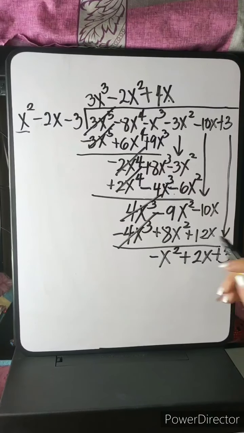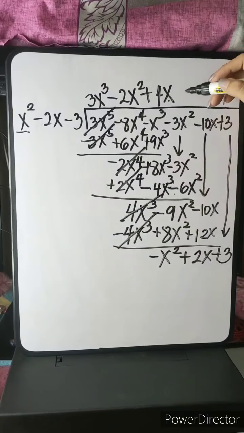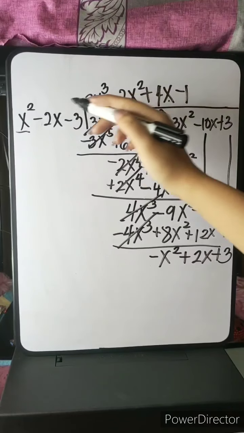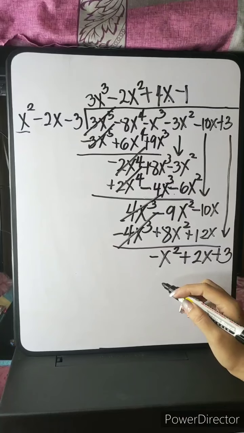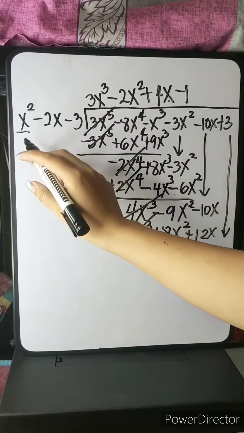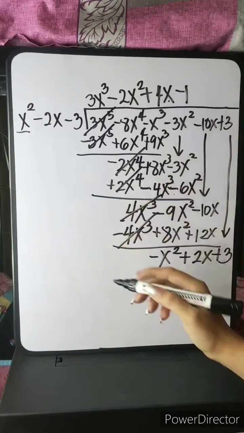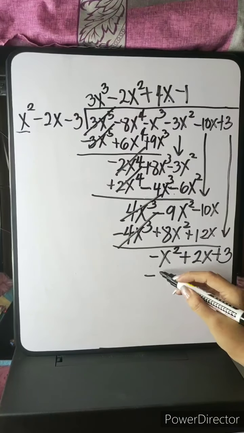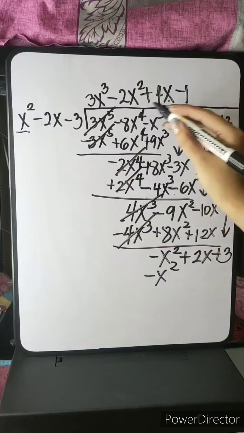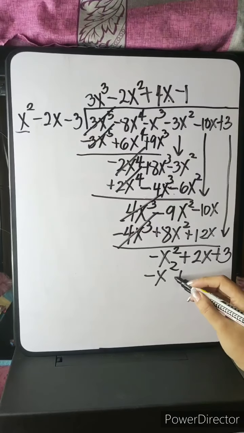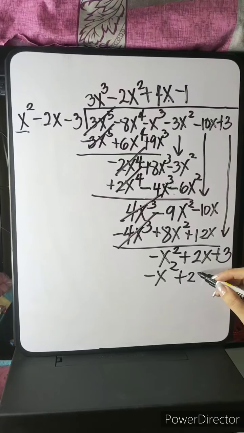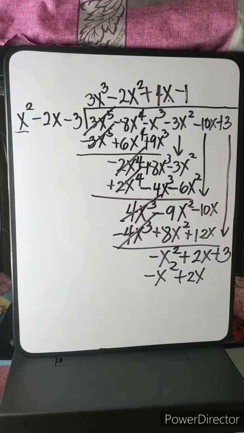Okay, and then, so, divide natin negative 1 times, when we divide, it will be negative 1 kasi negative to, positive to. Then negative 1 times x squared will give us negative x squared. Negative 1 times negative 2x will give us positive 2x. Yeah, positive. And this will give us positive 3.